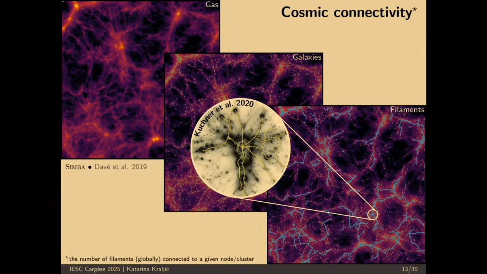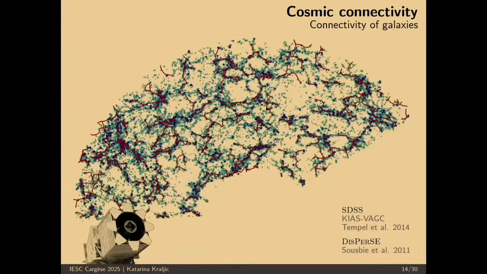These are the galaxies, and from that we can reconstruct the cosmic web and deduce the connectivity, which again I recall is the number of filaments that are connected to these nodes. We saw that it's correlated with the halo mass, but can we say something about galaxies?